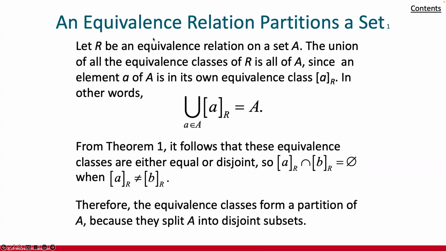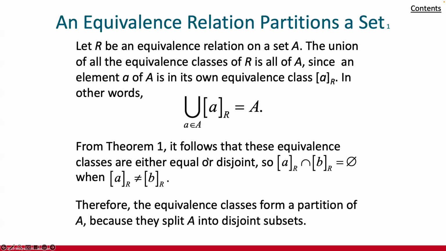So we can have an equivalence relation partition a set. Let R be the equivalence relation on a set A. The union of all equivalence classes of R is all of A, since an element A of capital A is in its own equivalence class, [A] sub R. And so in other words, we have this relationship.